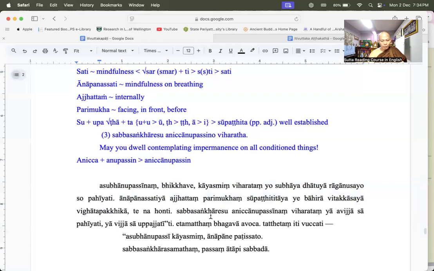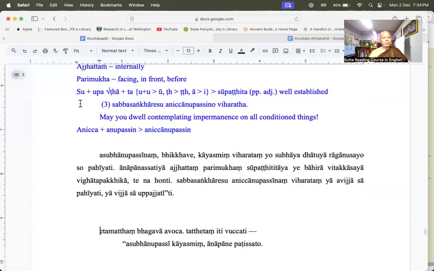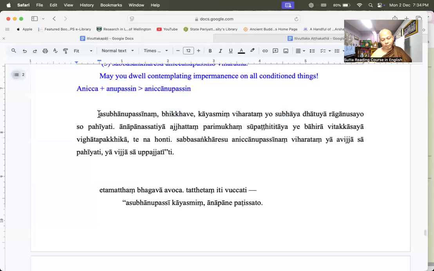In that line, Sabba Sankharesu Viharantam, in this way. That is the result of dwelling in this way.